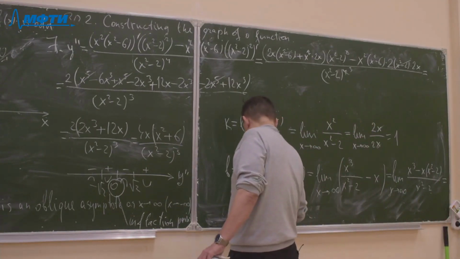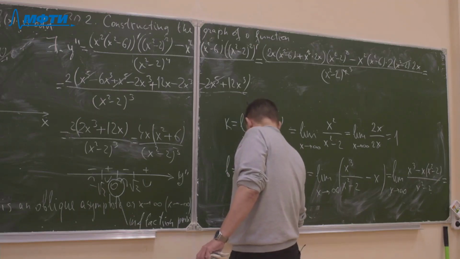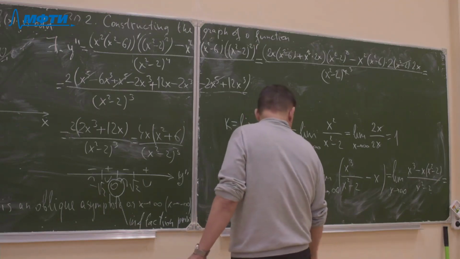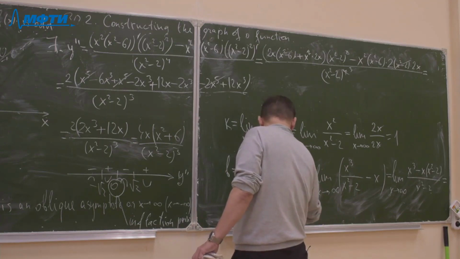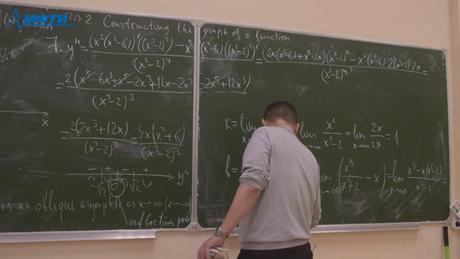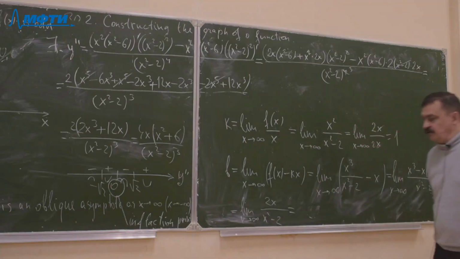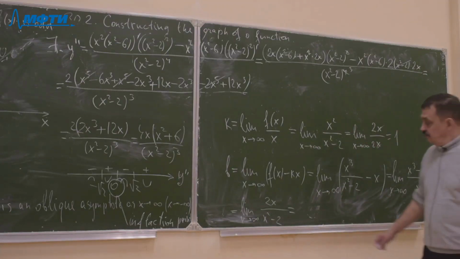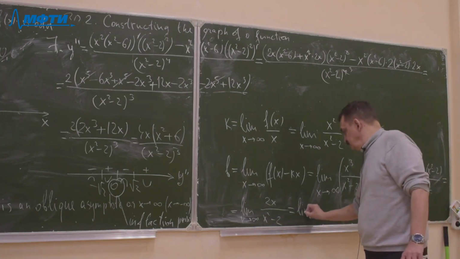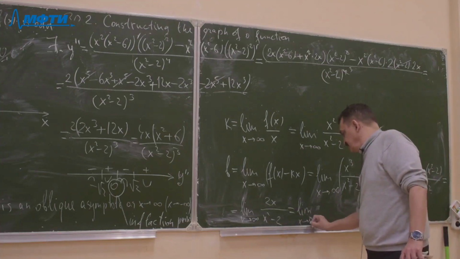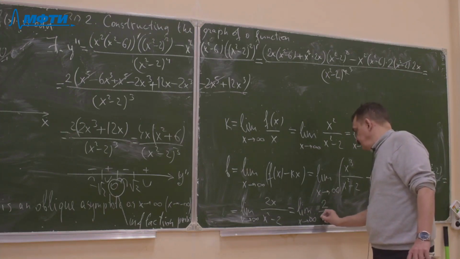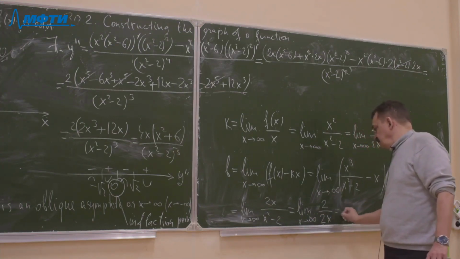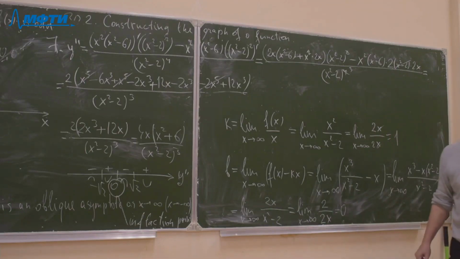Limit as x tends to infinity of 2x over x squared minus 2. Once again, we have infinity over infinity, so we use L'Hopital rule, which gives 2 over 2x, and now we obtain once again 0, right?